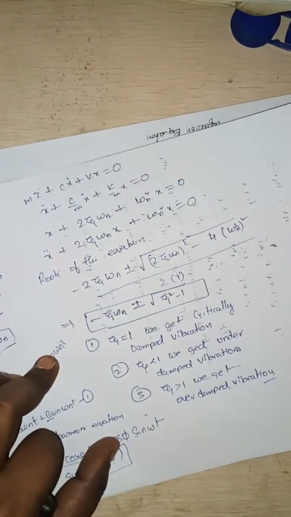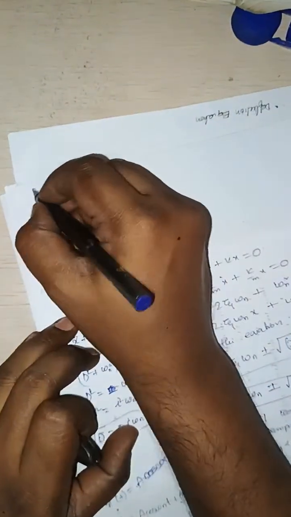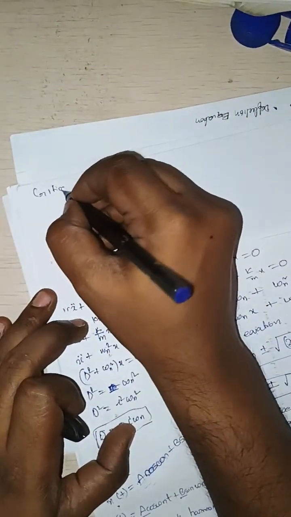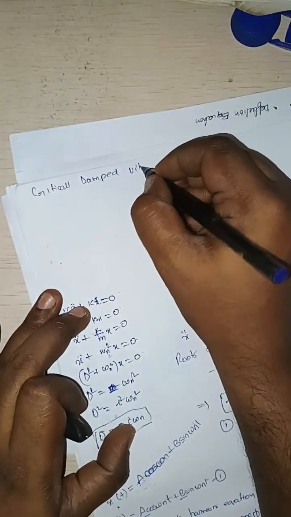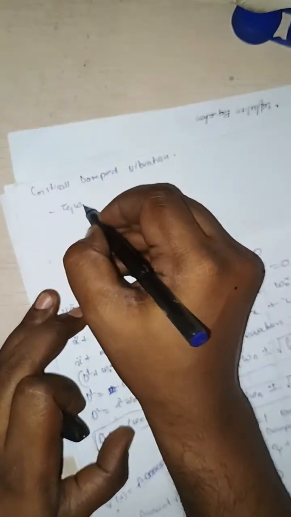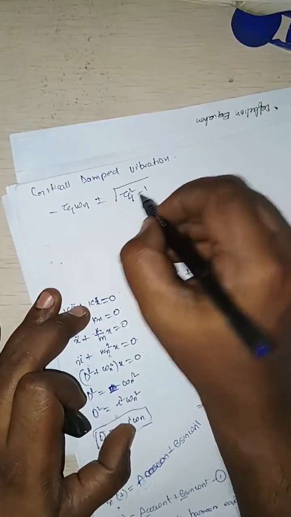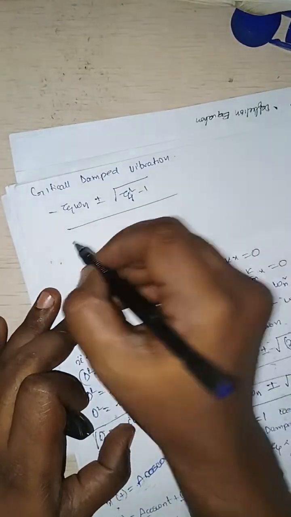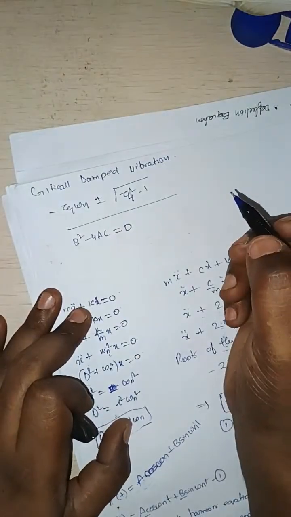In order to see these vibrations, I'll first draw the critically damped vibration. In the case of critically damped vibrations, omega n plus or minus square root of zeta square minus 1, this b square minus 4ac term goes to 0.